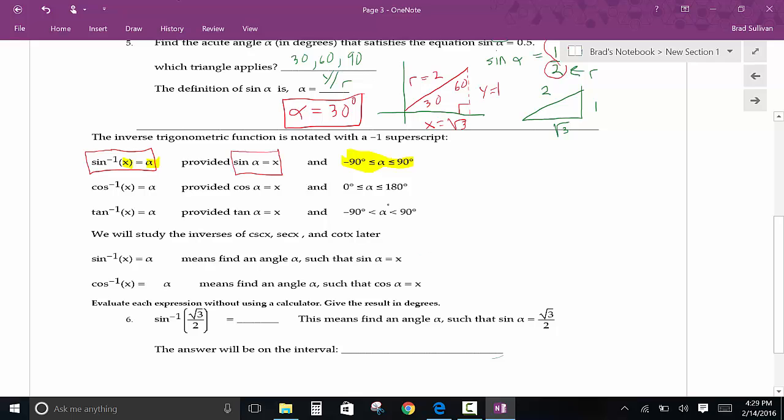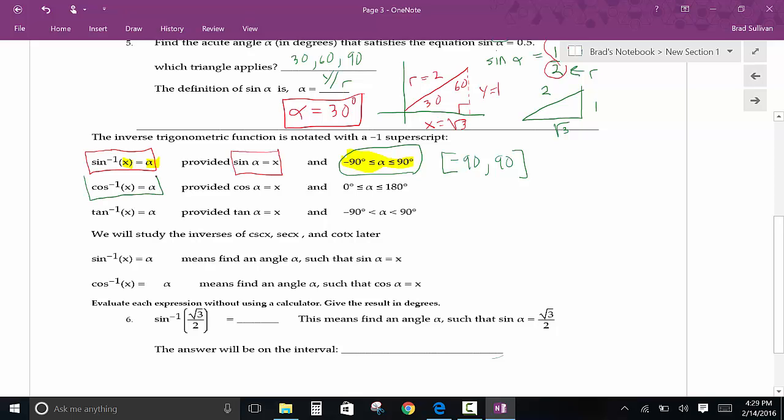So the idea is whenever you're doing an inverse trig function, an inverse sine, your answer can only fall on that interval from negative 90 to 90. It has a lot to do with you can only have an inverse function if you are inverting a one-to-one function. And we'll learn a little bit about that as we get into the details of the graphing. So right now, mainly what I'm trying to do is just get you comfortable with the language.